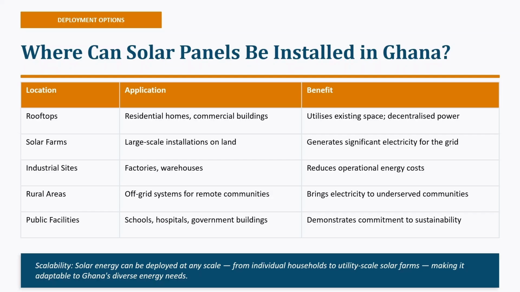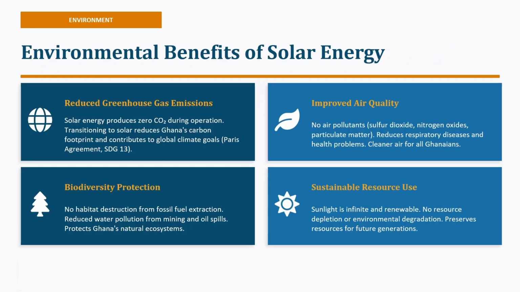So they can install or set up some of these solar panels to enable them generate electricity. So these are some of the places where solar panels can be installed.